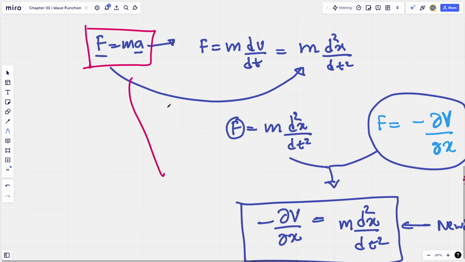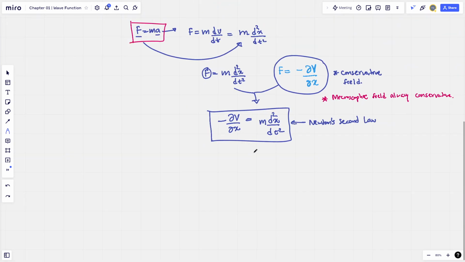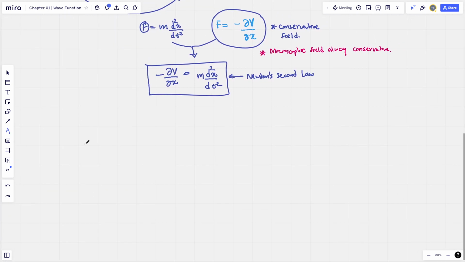So this is Newton's second law, but it works only on the macroscopic level, and doesn't work on the microscopic level.